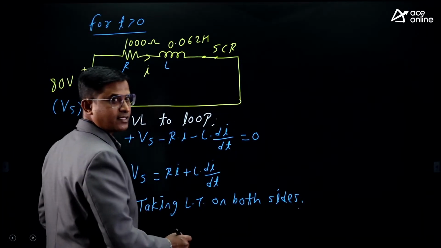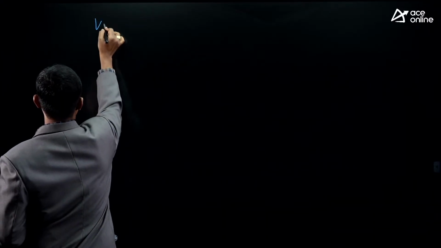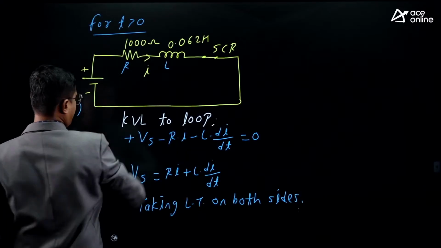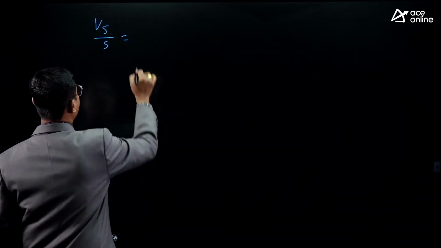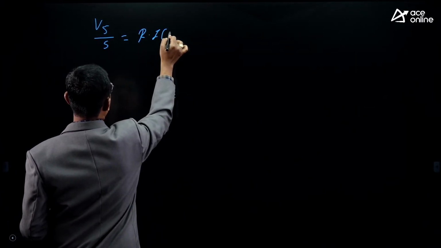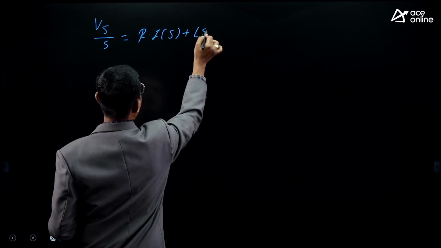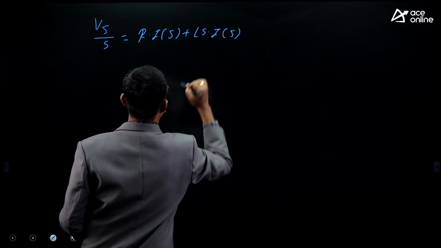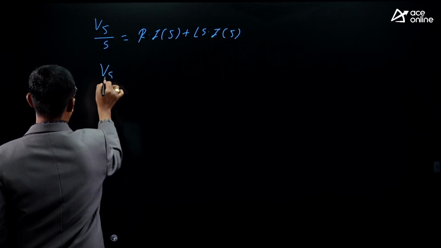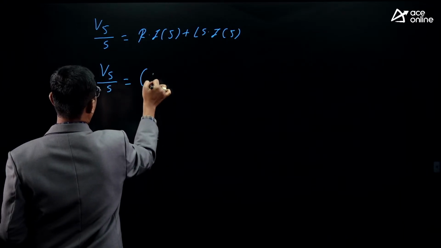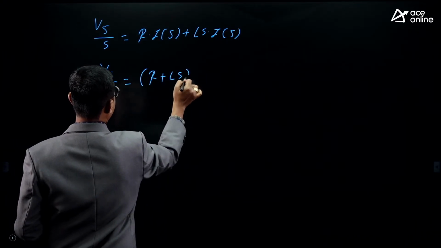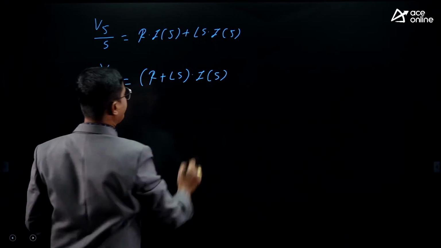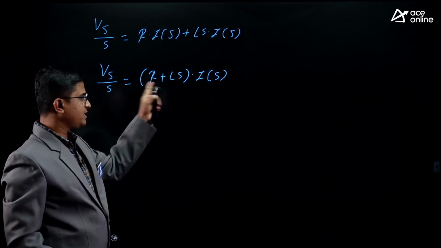So it is Vs by S is equal to R into I of S plus Ls into I of S. Therefore Vs by S is equal to R plus Ls into I of S. Let us take this L outside.